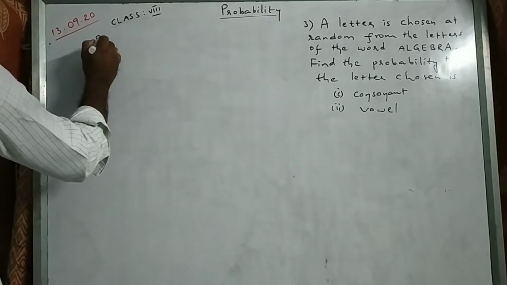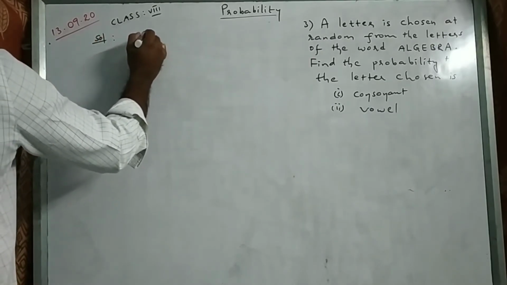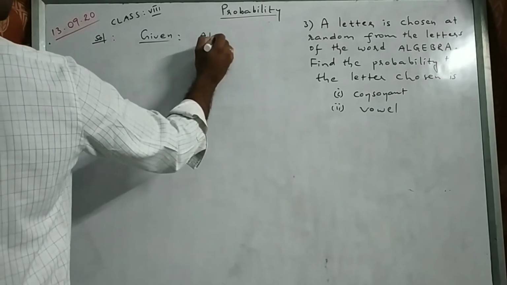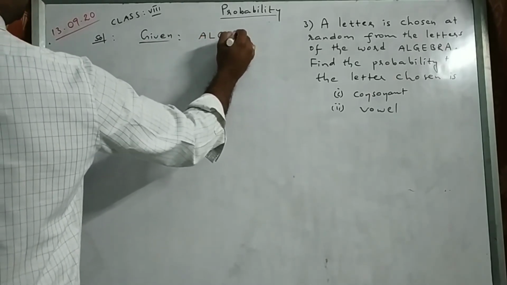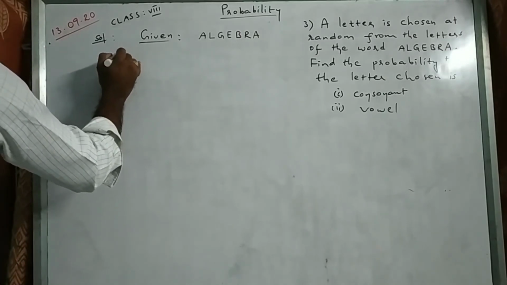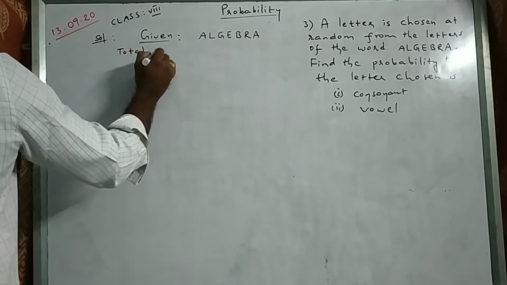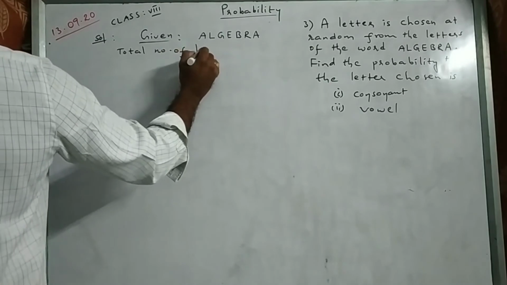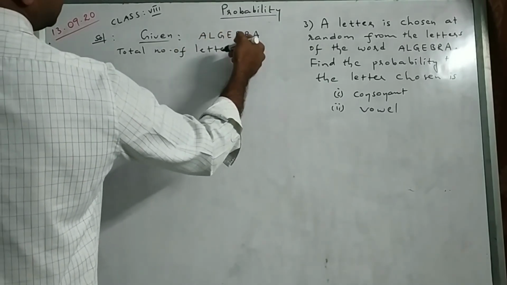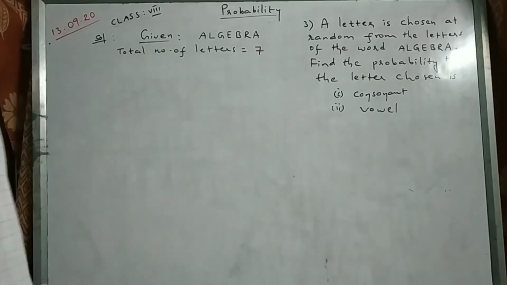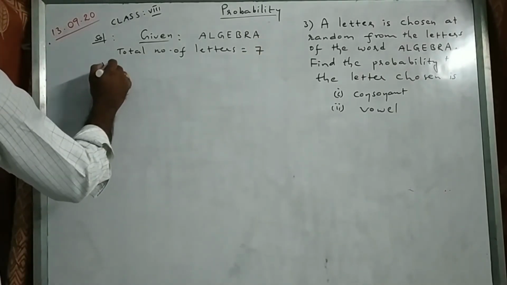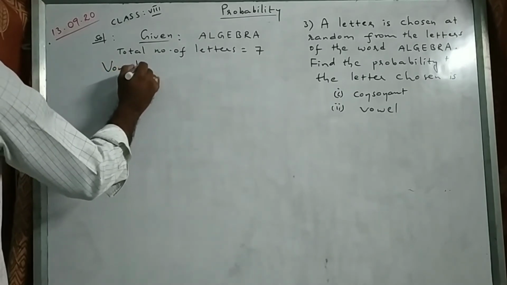What is our word here? Given word is algebra. How many letters are there? Total number of letters, how many? 1, 2, 3, 4, 5, 6, 7 are there. So total number of possible outcomes 7. So in this how many vowels are there?